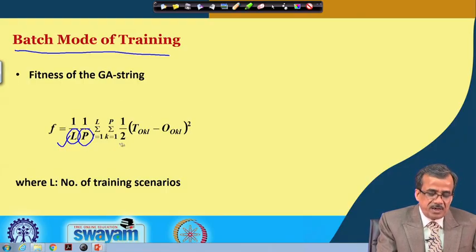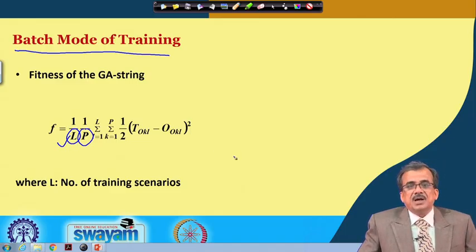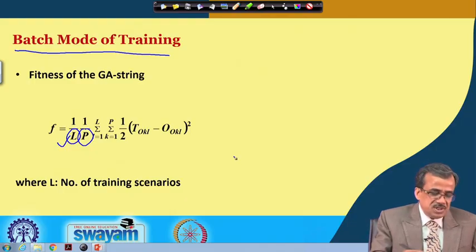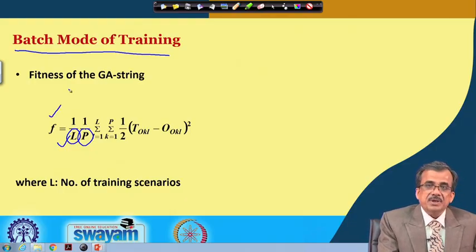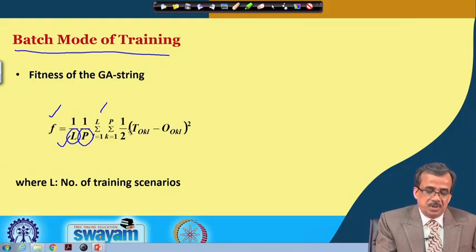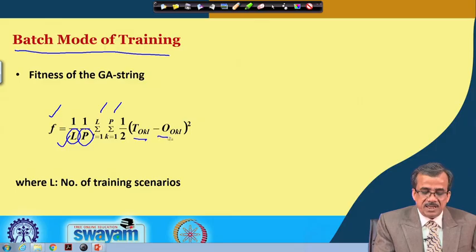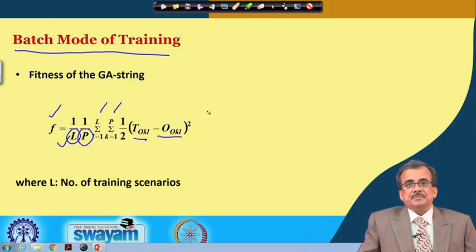The average error after passing all capital L training scenarios is nothing but the fitness of the GA string, denoted by F = 1/L × 1/P × summation l equals 1 to L, summation k equals 1 to P of 1/2 (T_OkL − O_OkL)².